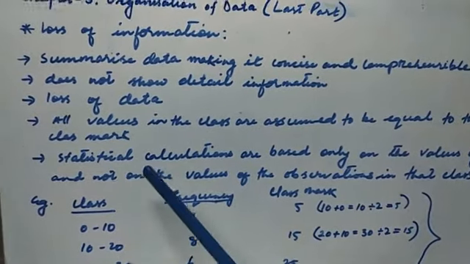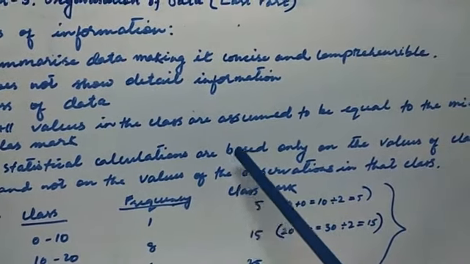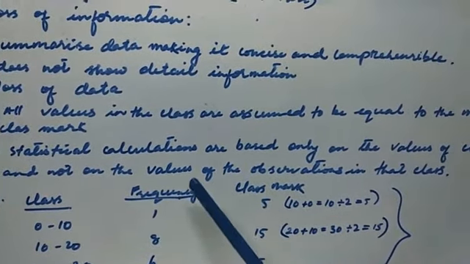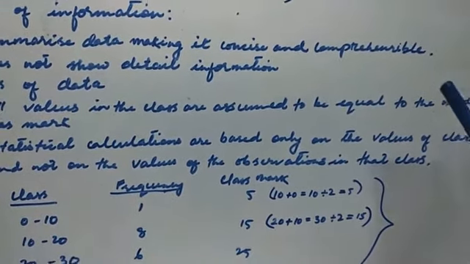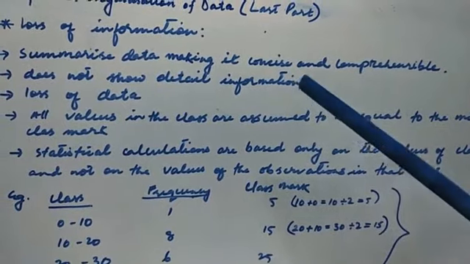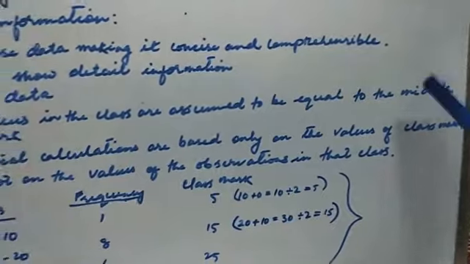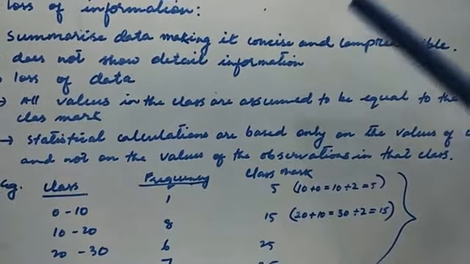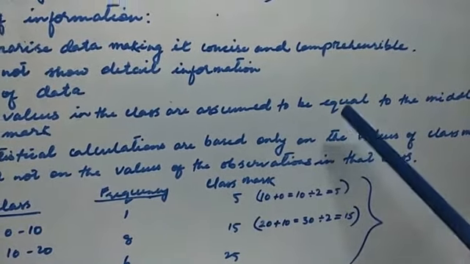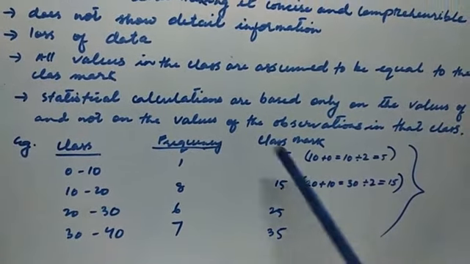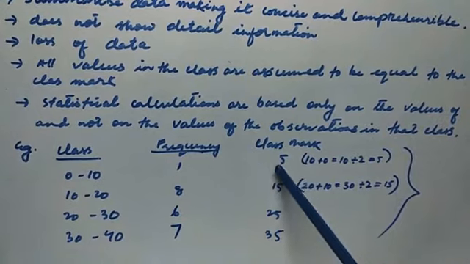Further, statistical calculations are based only on the values of the class mark, and not on the values of the observations in that class. Any statistical analysis or calculation is done only on the values of the class mark. So let us take an example of class mark here.